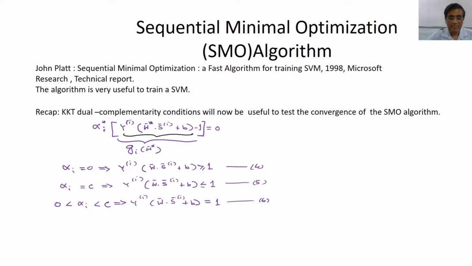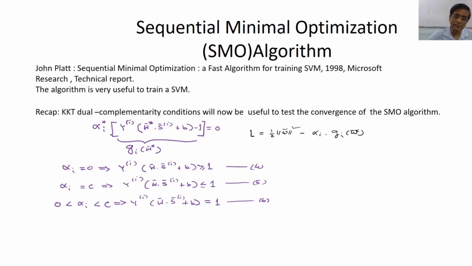And we multiplied it by alpha, the Lagrangian multiplier, and that has to be 0, because when we are formulating alpha star times gi. This star means optimal value. Now this is called the KKT complementarity condition.